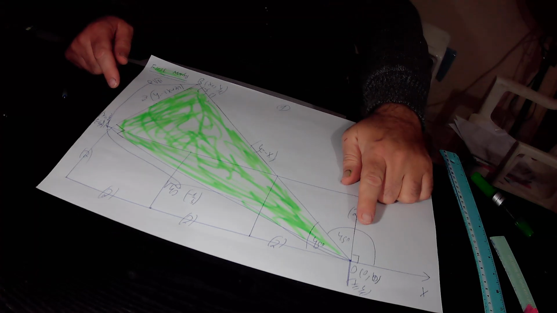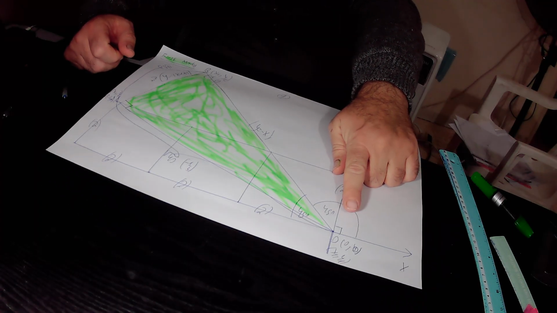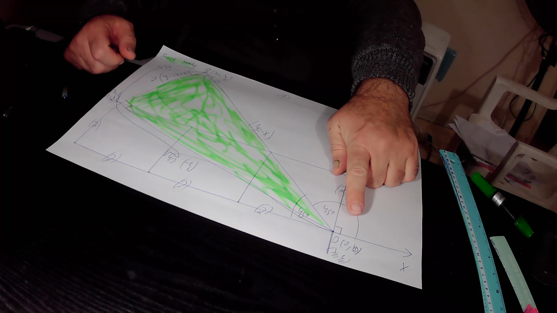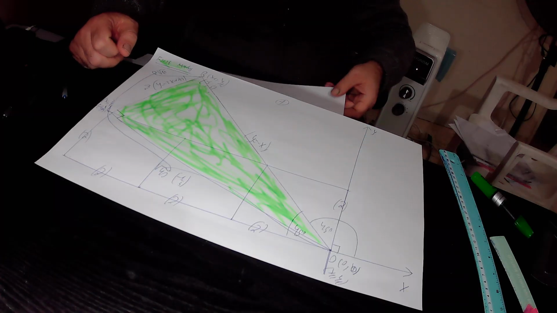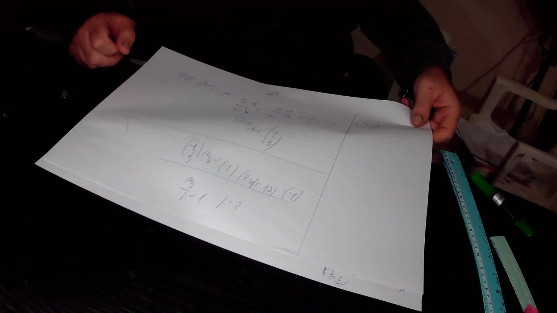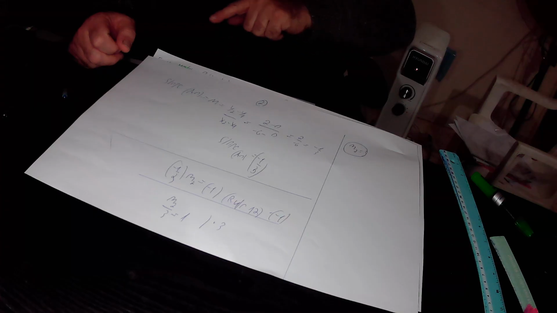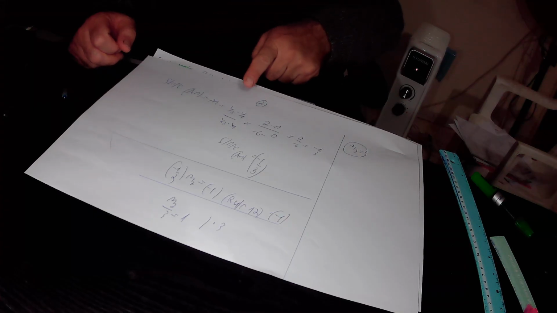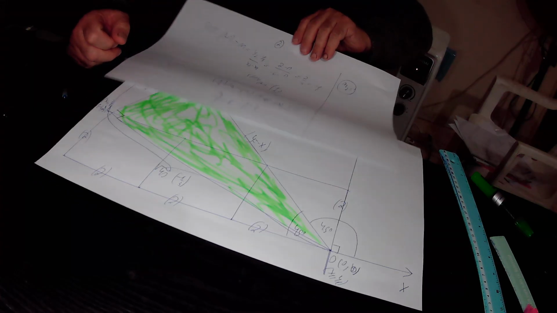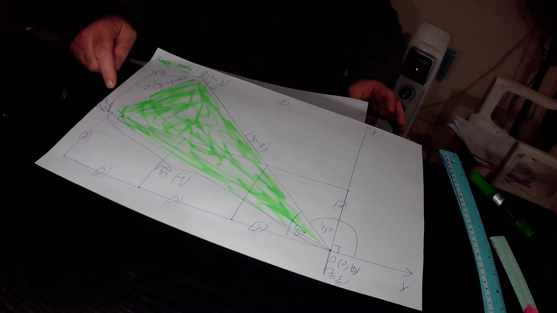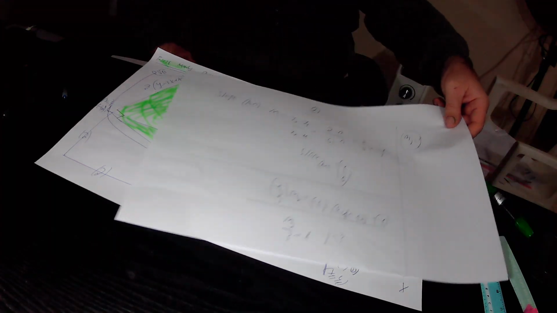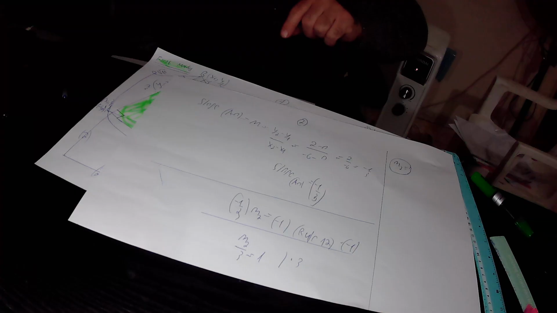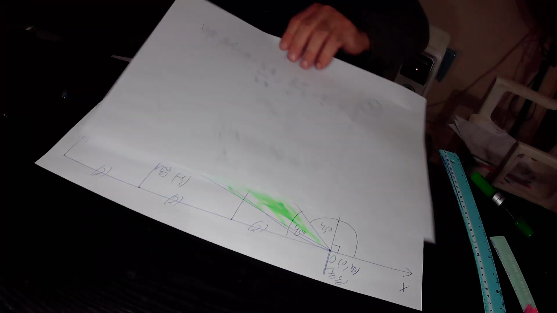Likewise, we define the x coordinate of this point O as x1 and the y coordinate as y1. So according to the formula, the slope of the straight line AO equals y2 minus y1, where y2 is 2 and y1 is 0. So it is 2 minus 0, over x2 minus x1.